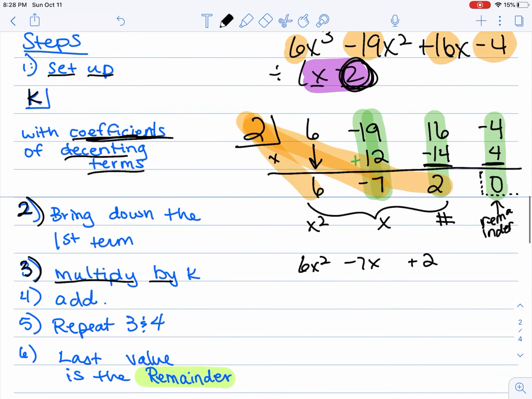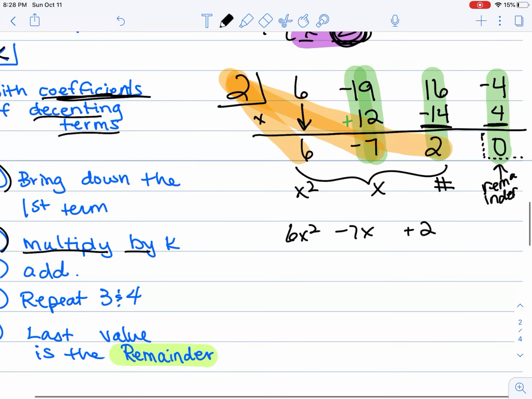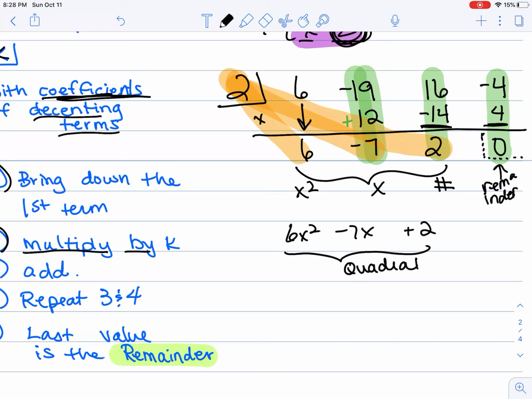Now remember, they wanted us to solve this all the way down, to solve the rest. Well, isn't this a quadratic? If this is a quadratic, we have a couple choices. We can factor, we can complete the square, or we can use the quadratic formula, which I love to use because it will work every single time.